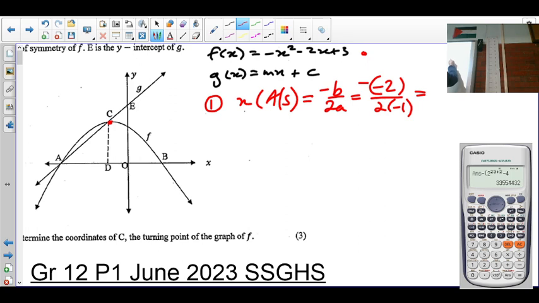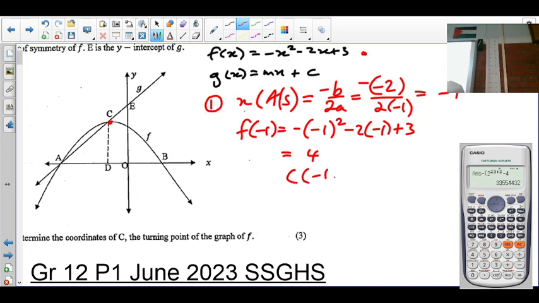So that gives me an answer of negative 1. What do I do with that? I substitute it into the function. So f of negative 1 is equal to negative negative 1 squared minus 2 into negative 1 plus 3. It's going to give me an answer of 4. So C is going to be negative 1 and 4. People, this sum you can't throw away. It's one of the easy ones.